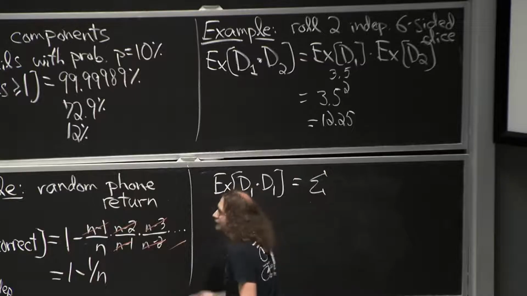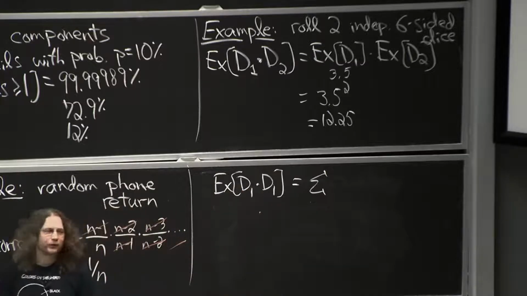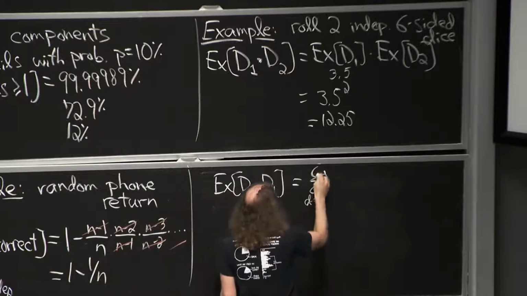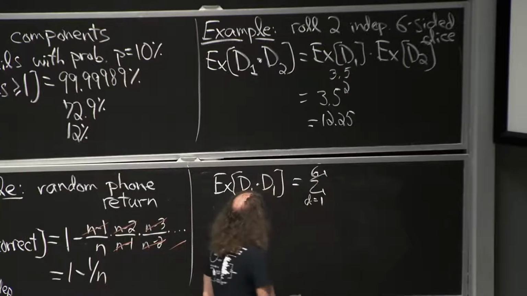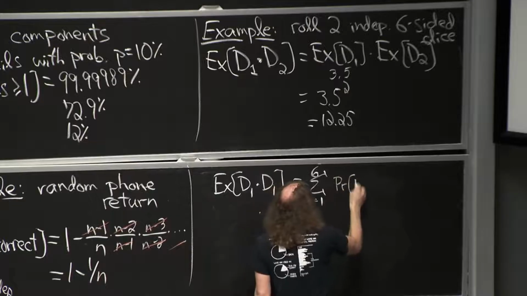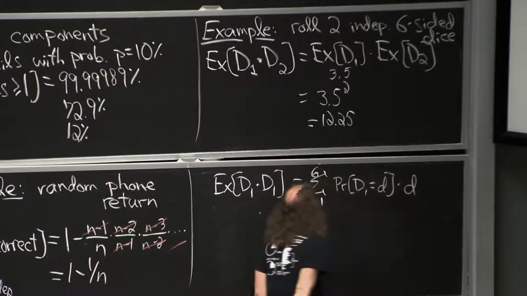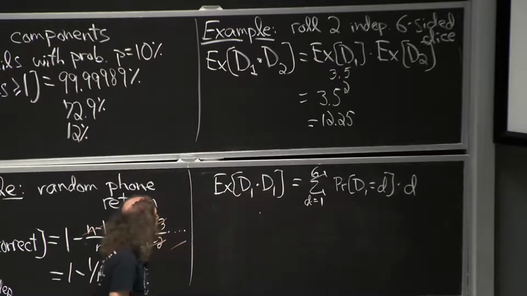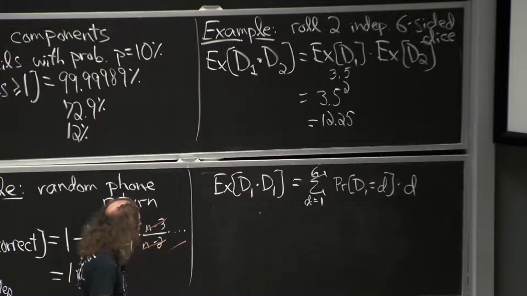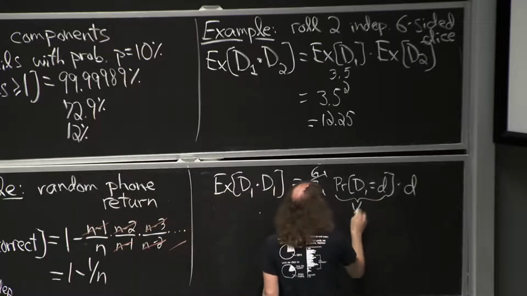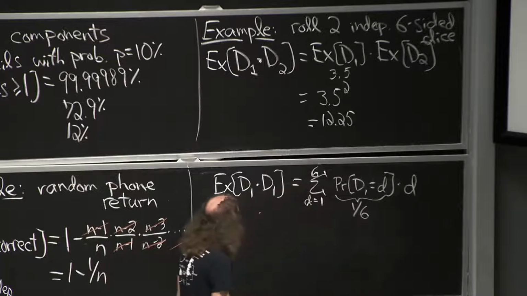We're summing over x in the range of X. So we have 6 possible outcomes for D1. And we want the probability that D1 equals little d, times little d. Right, that's the second version of the formula for expectation. This is just 1/6 for fair dice. I didn't mention fair, but I meant to say fair dice.